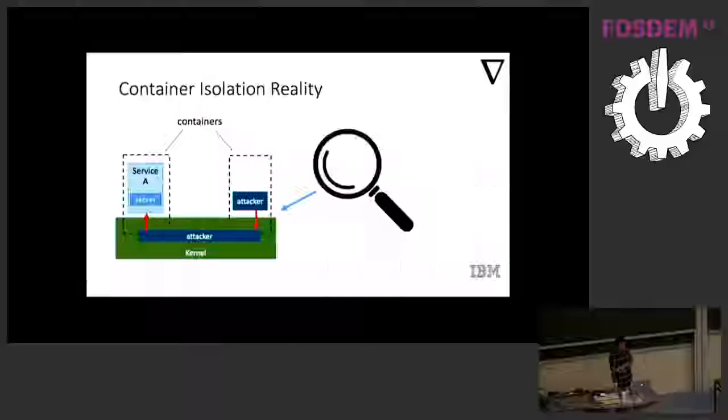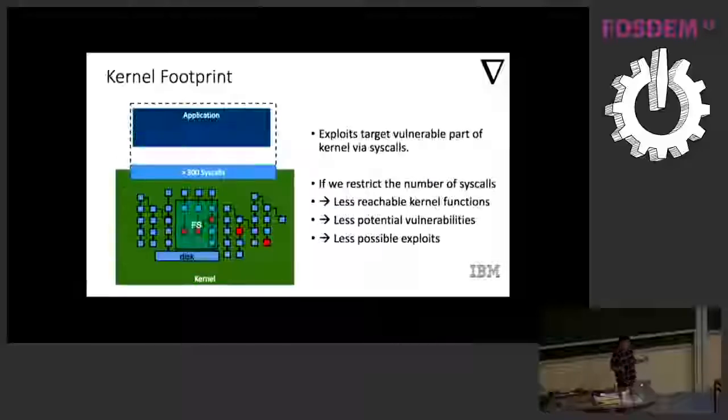So to understand how we are measuring isolation, let's take a deeper view of what the kernel looks like. The kernel to us is just a bunch of functions, right? Kernel is just code. And how we are modeling it is that what we saw the exploit doing was exercising system calls to exercise the kernel code within the kernel, right? In this case, we have the application on top.